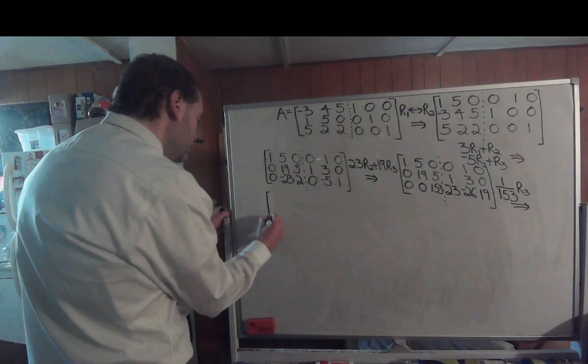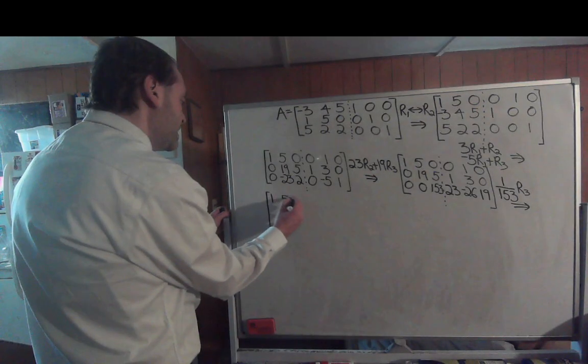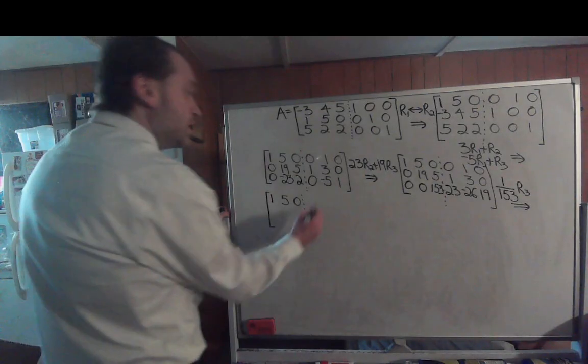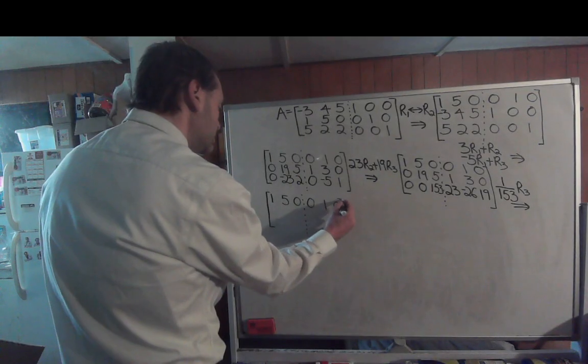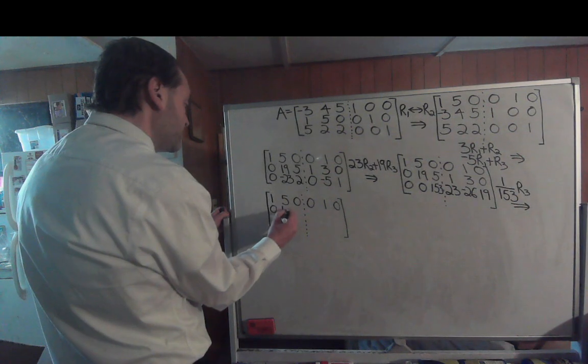So if we do that, row 1's still left alone for now. Row 2 we're still leaving alone just for now.